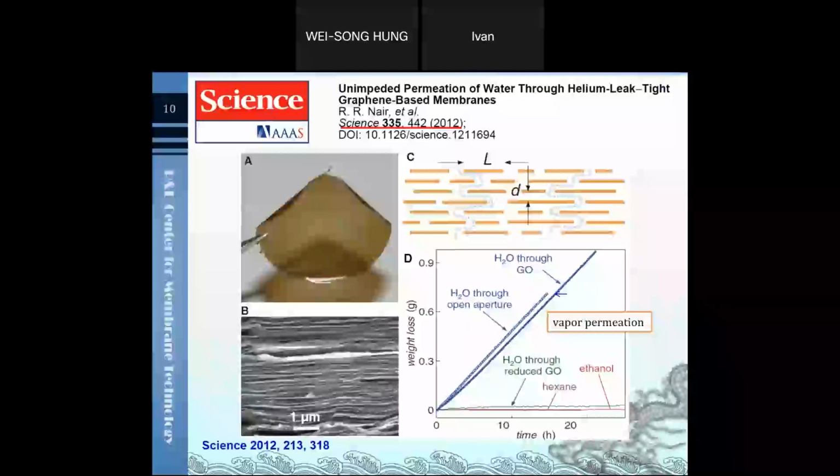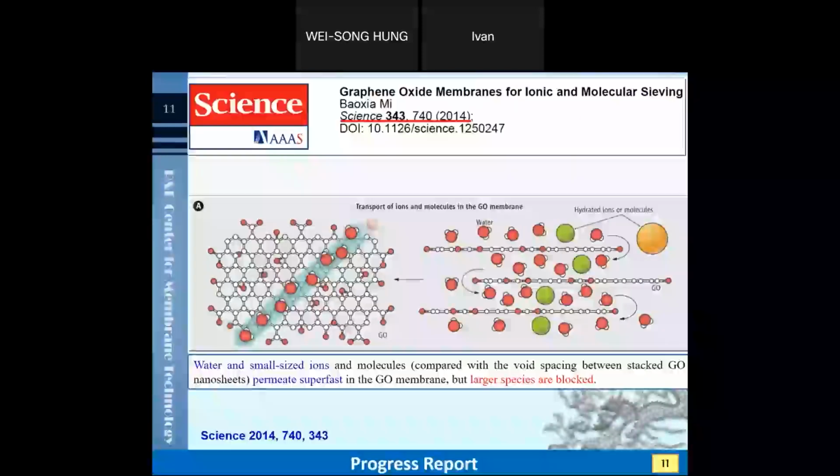But those membranes are still not strong enough for application, because we can see this membrane's mechanical strength is really poor. So how to improve the membrane performance, we will consider in the future.